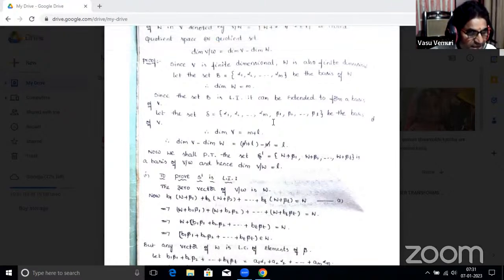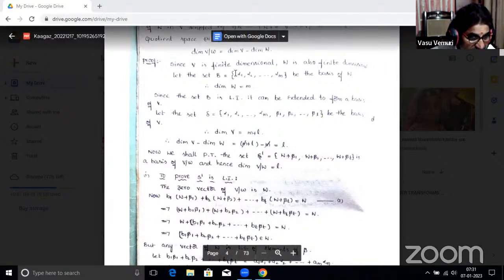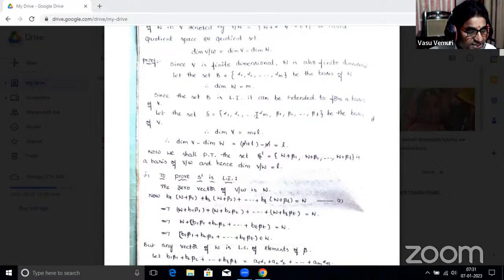Extended to form a basis means the basis set of the subspace, together with all the elements including the beta values, forms the basis set of the vector space V. That is m values and l values, that is m plus l.